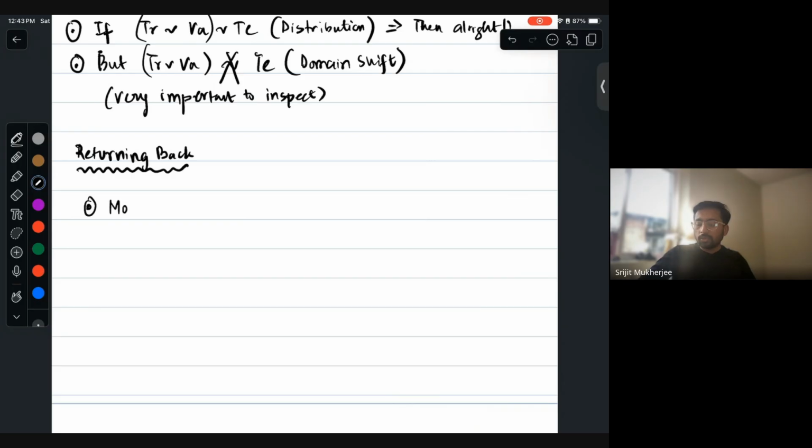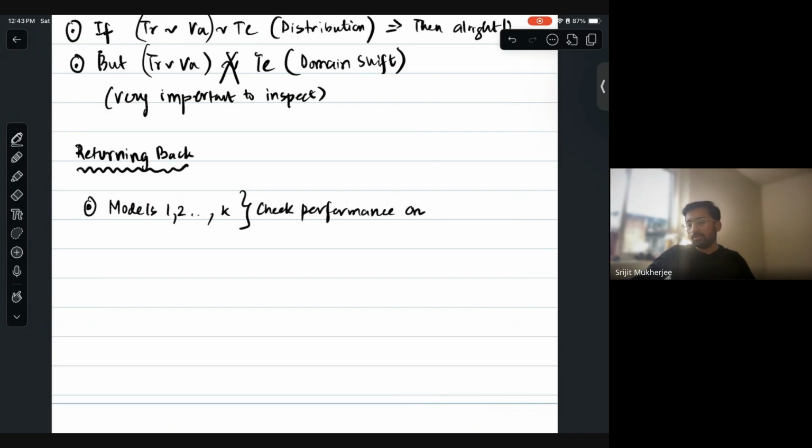You have, let's say, model 1, 2, up to k models. Look at performance, check performance on validation data.